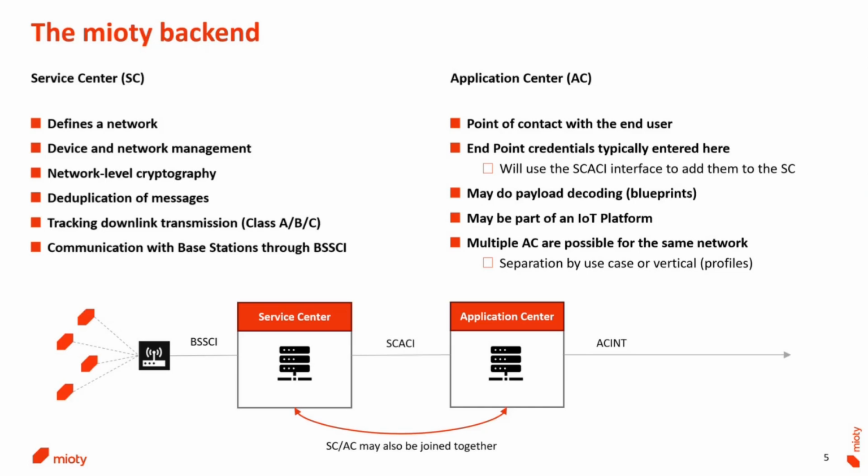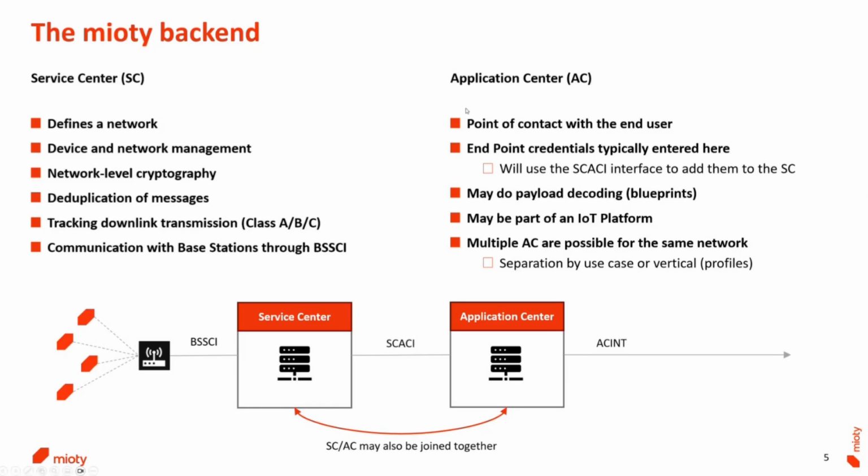It's also responsible for the downlink tracking through different classes. So also with mioty, we have different classes, A, B, C, as you might know from other technologies. As I told you, the communication is standardized through BSSCI from this service center to the application center.